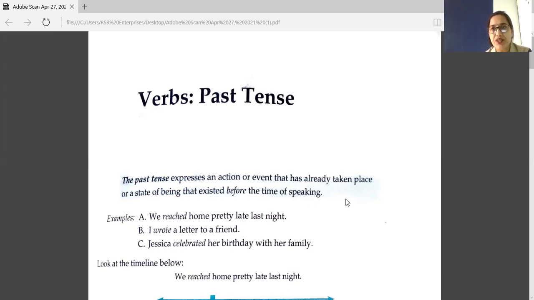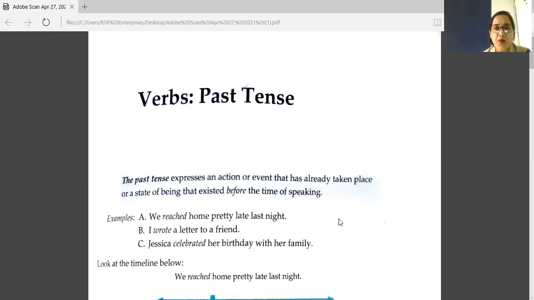Any action which is done at some past time, that is known as past tense, or any state of being or any action or any work was done before the time of speaking. That is past tense. See these examples.